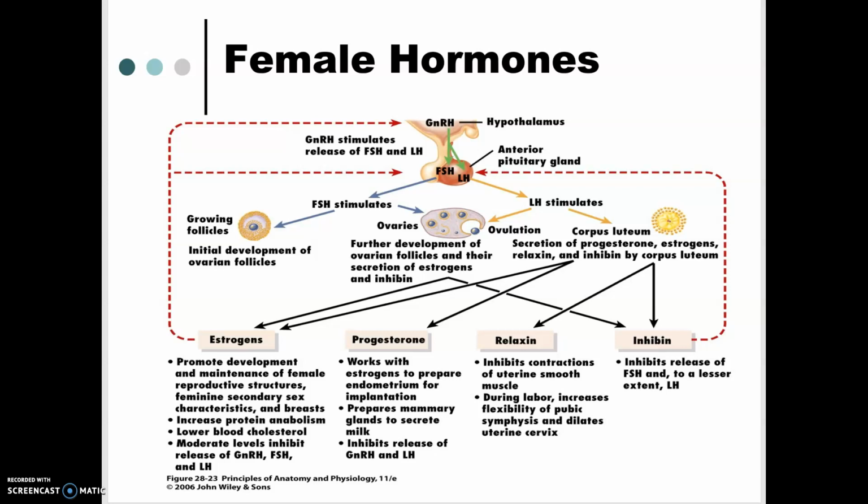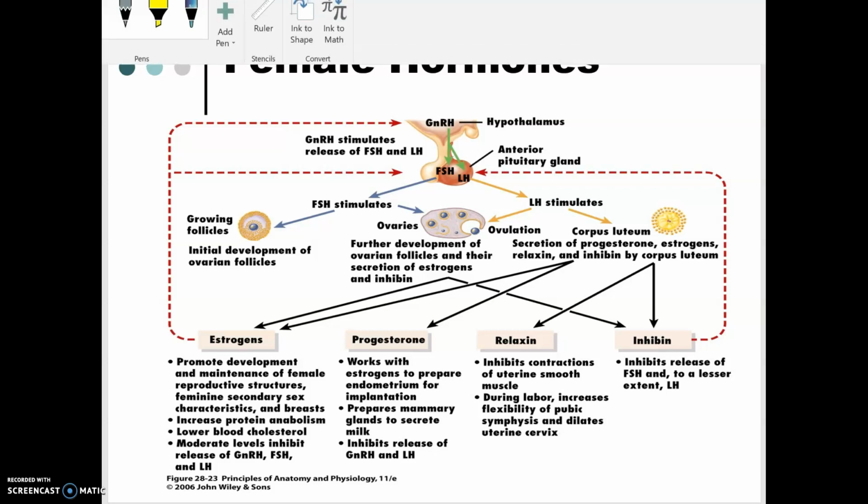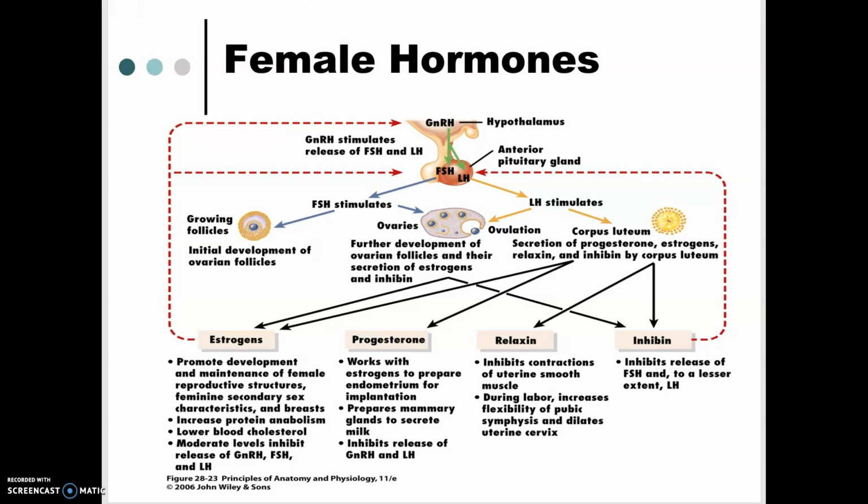What I would expect you to take away from this slide is an understanding of the structures. You see what structures here are super important: the pituitary, the hypothalamus releasing these hormones, the ovaries, the follicles inside the ovaries, and the corpus luteum. These are responsible for the production and secretion of these major hormones.